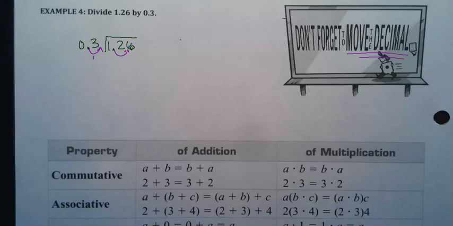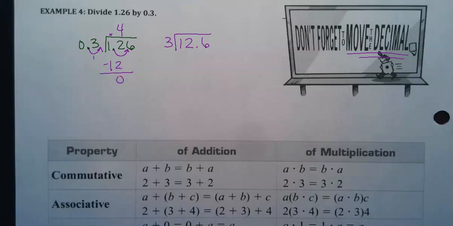So now we're really looking at 12.6 divided by 3. Okay, I'm lazy and like to save space. I would never rewrite this, but that's what we're really doing. So 3 does not go into 1. 3 goes into 12 4 times. So we're going to subtract 12. We have 0.